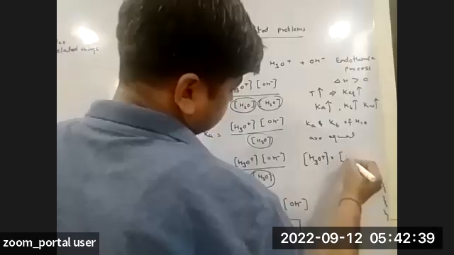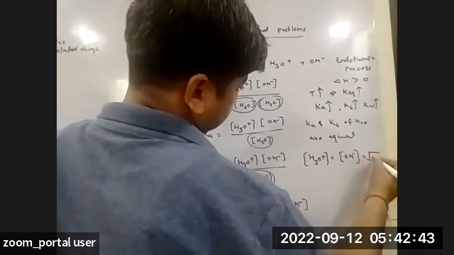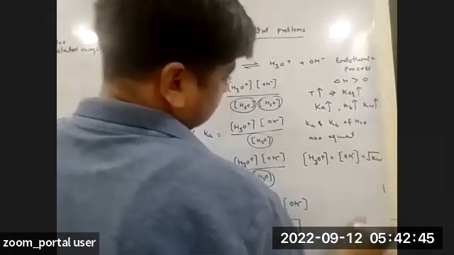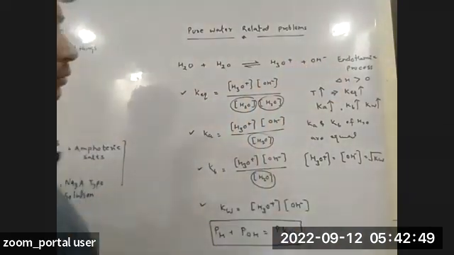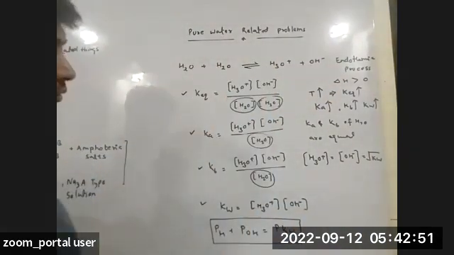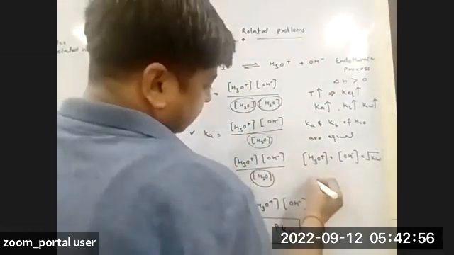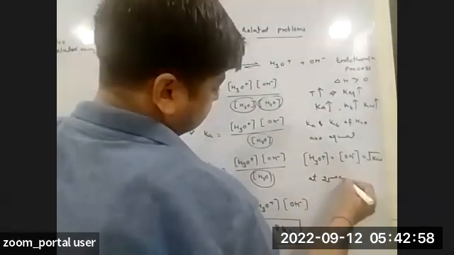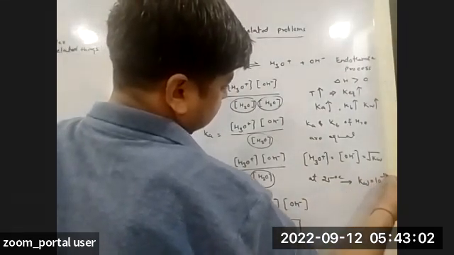Yes. Now H3O+ is equal to OH- is equal to root Kw, because in water, equal amounts of H3O+ and OH- will be produced if pure water is given. We are dealing with pure water only. At 25 degrees centigrade, we all know Kw is equal to 10 to the power minus 14.